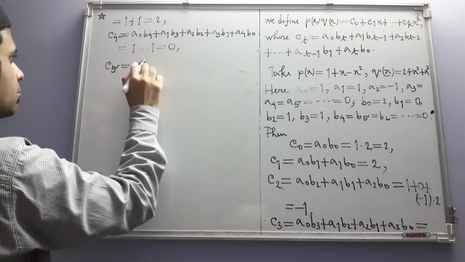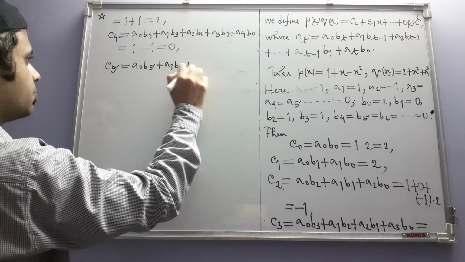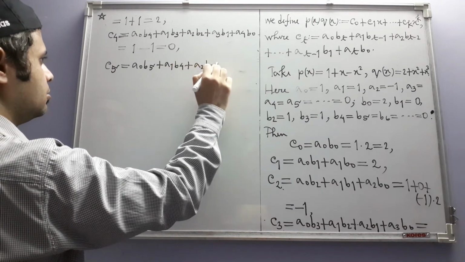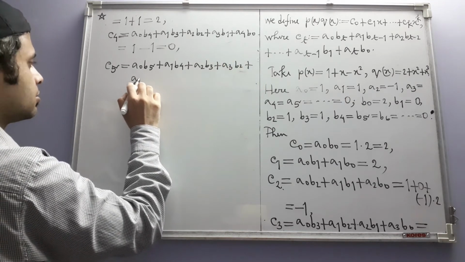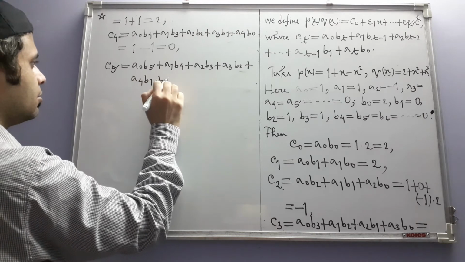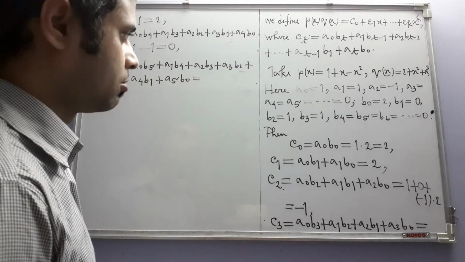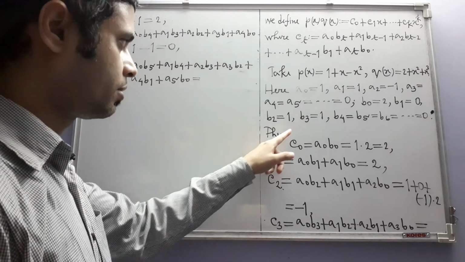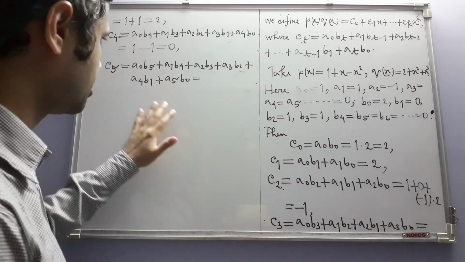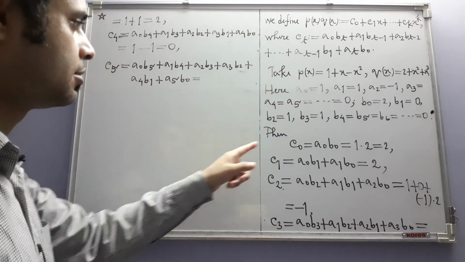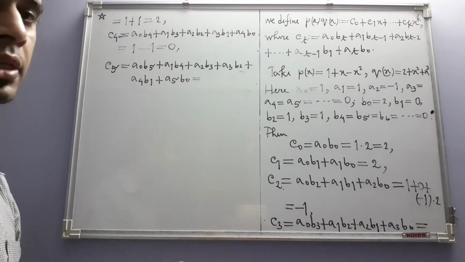C5 is A0 B5 plus A1 B4 plus A2 B3 plus A3 B2 plus A4 B1 plus A5 B0. Okay, you can see that in spite of having more and more terms in the expression for Ci as i increases, the calculation will become easier and easier.